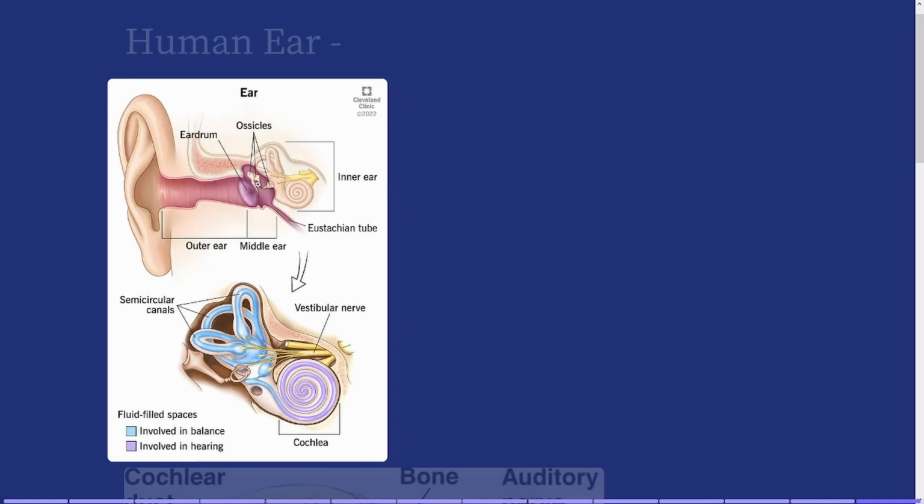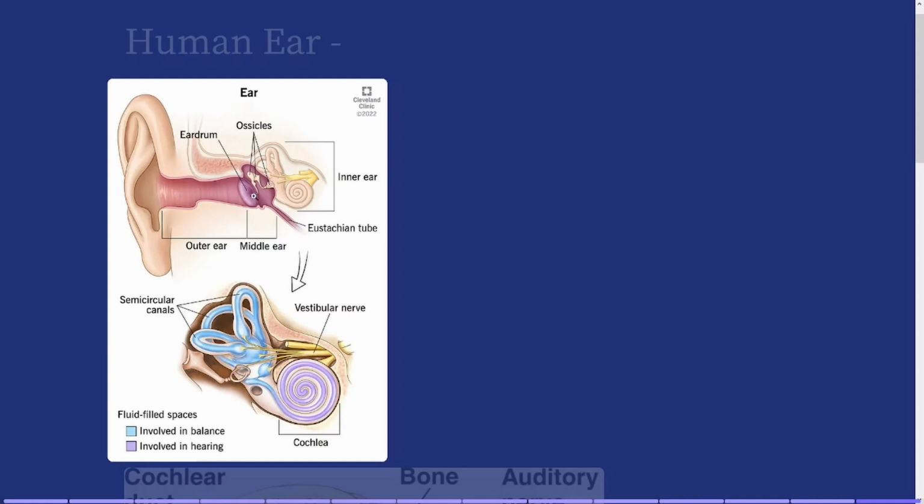Now the middle ear contains three bony structures or ear ossicles which are arranged in a chain. They are malleus, incus, and stapes. Malleus is attached to the tympanum, and stapes is attached to the oval window, which we will see later. And then incus is between them, attached to both malleus and stapes.